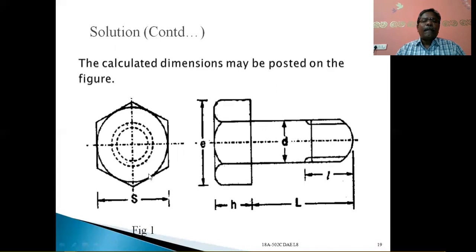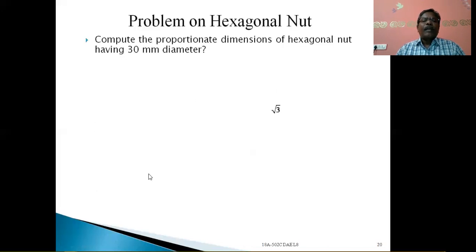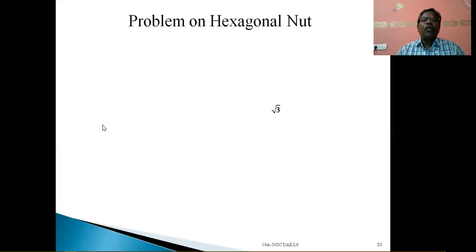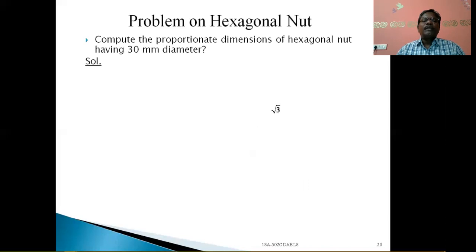So, next problem. Now, if previously we had discussed only bolts, now let us see hexagonal nut.